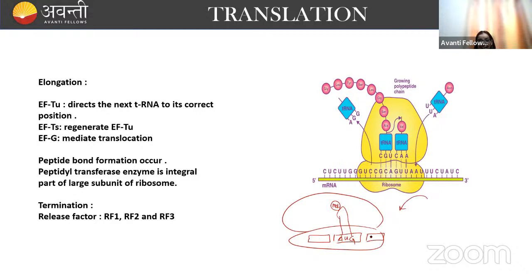Now another tRNA will come. Let's say this is the A site, this is the P site, this is the E site. This A site has a codon which is GUG, and this GUG will code for another amino acid, right? So this tRNA is carrying the amino acid which is coded by this GUG. Now this tRNA will come and bind to the A site, right?